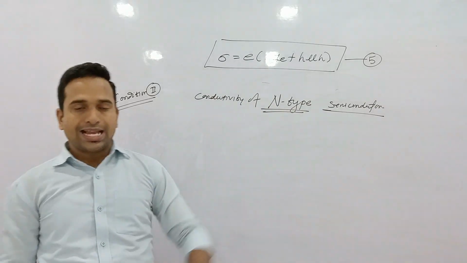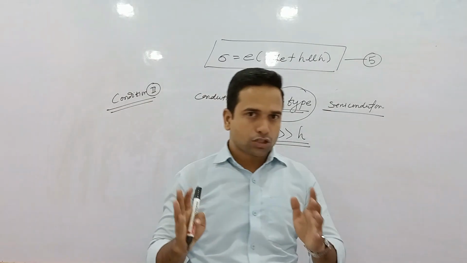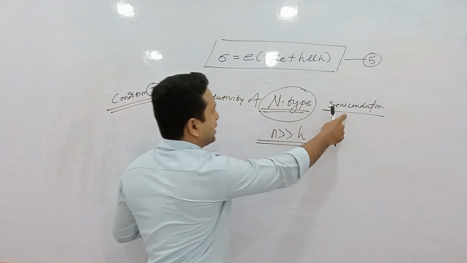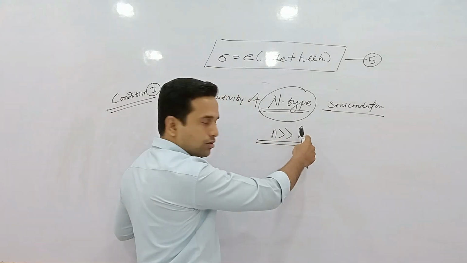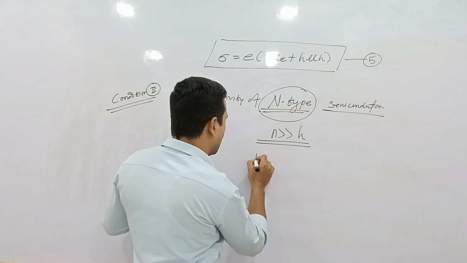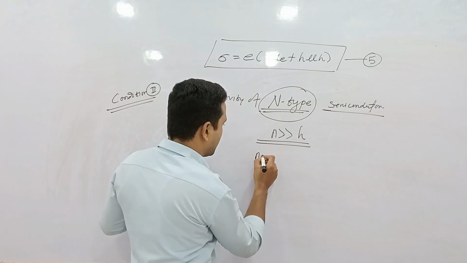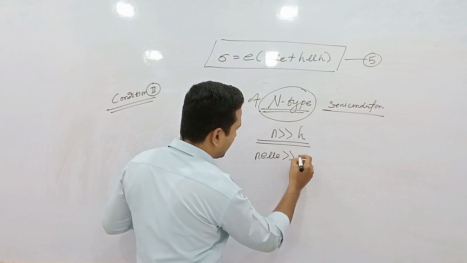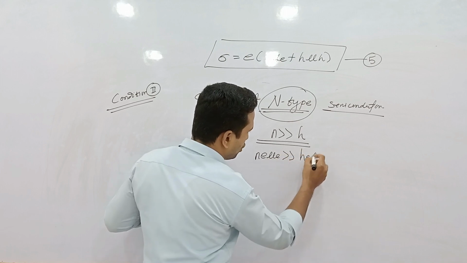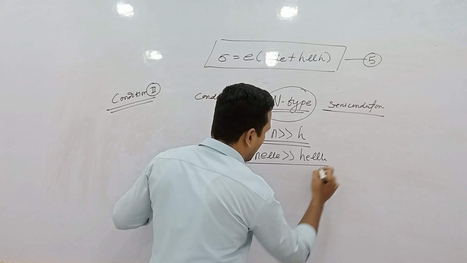Now see, in the case of n-type semiconductor, the number of electrons is greater than the number of holes. Means we can write n e mu e is greater than h e mu h, right?